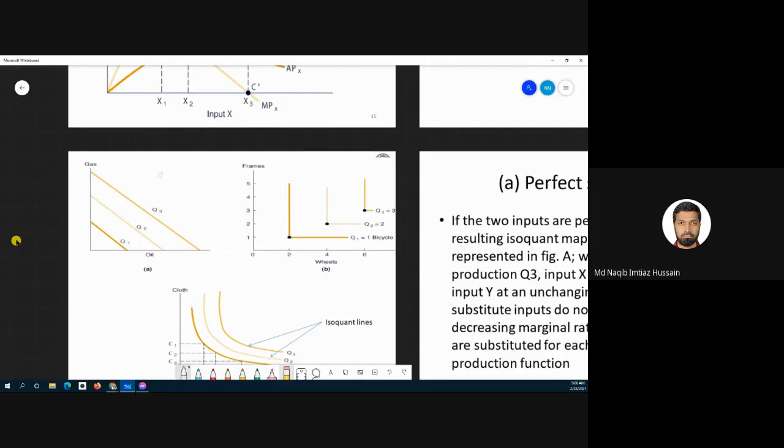You have a limit of 250 kilometers you want to go. Now you can run it on oil or on gas, okay? That means your isoquant line will be a straight line, right?